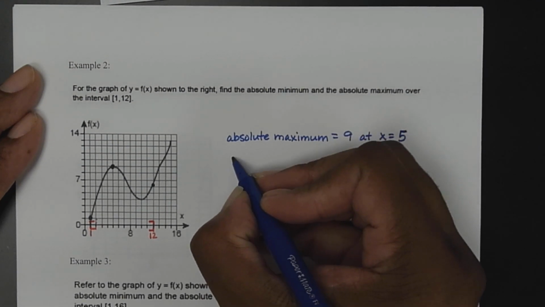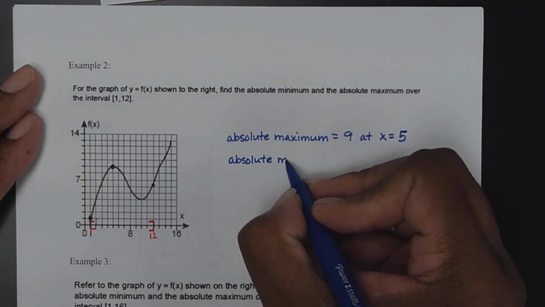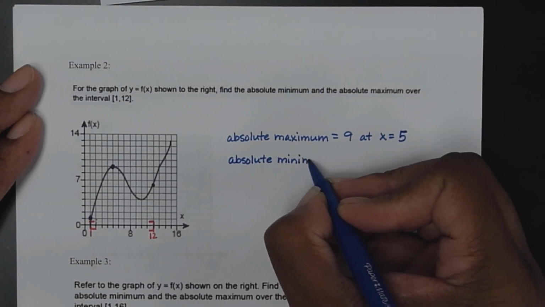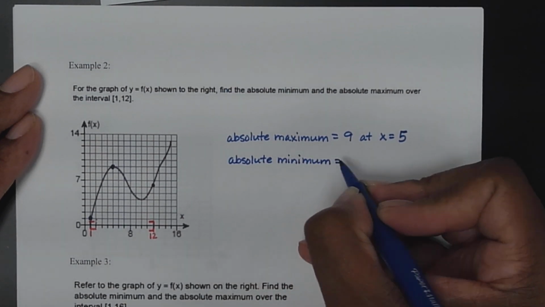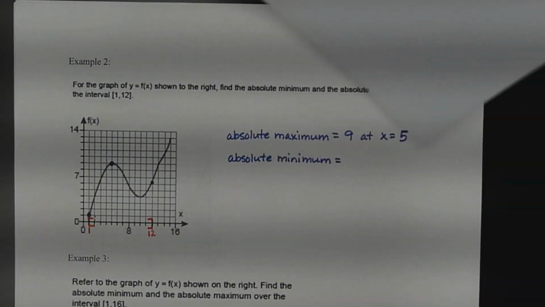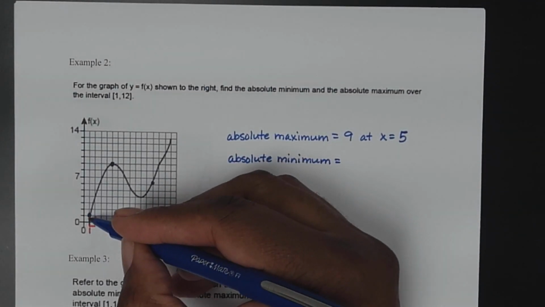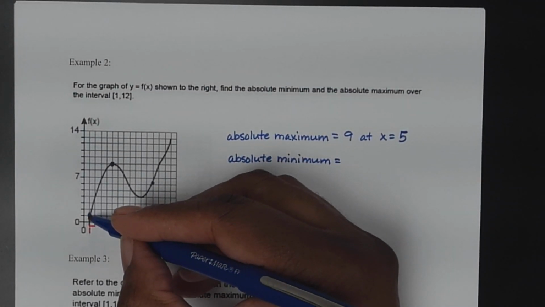Now let's go ahead and find the absolute minimum. The absolute minimum, that's going to be the lowest y value on the interval from 1 to 12. Well, here's the lowest y value right here.